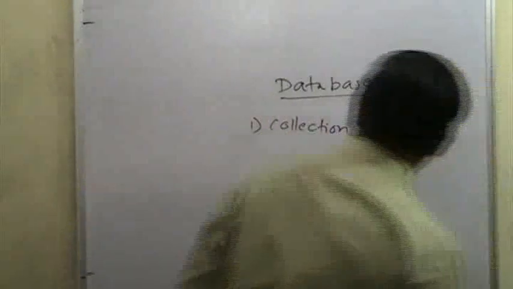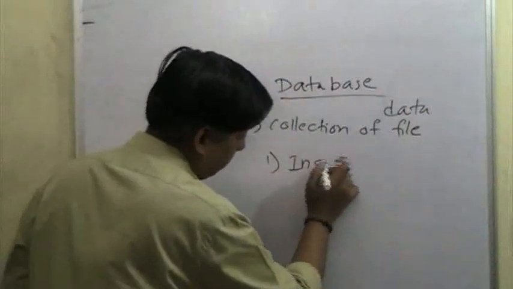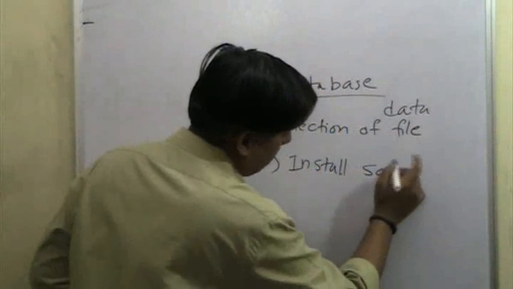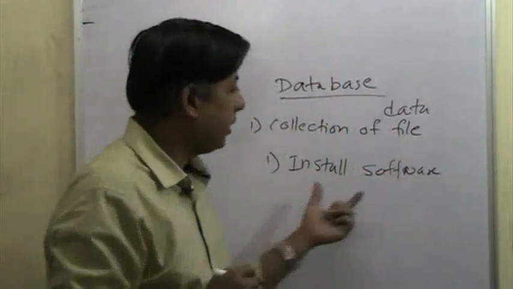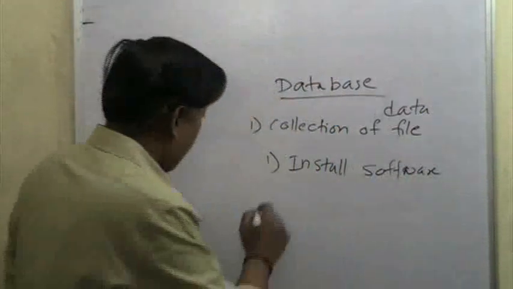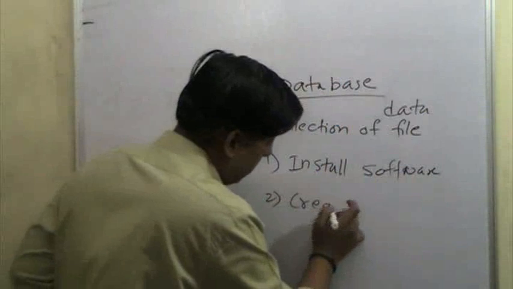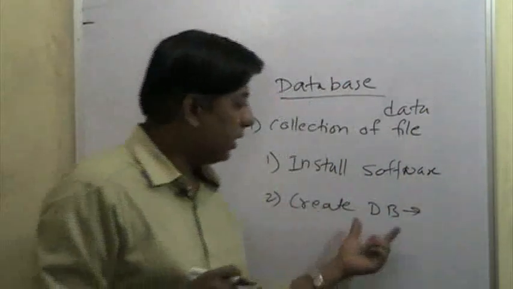Oracle DBAs first create, what are the steps? The standard first step is to install the software, which we are going to look into later. We are going to install the Oracle database software. Step number 1. After you install the Oracle database software, step number 2, you create a database. When you create a database, what exactly are we doing?